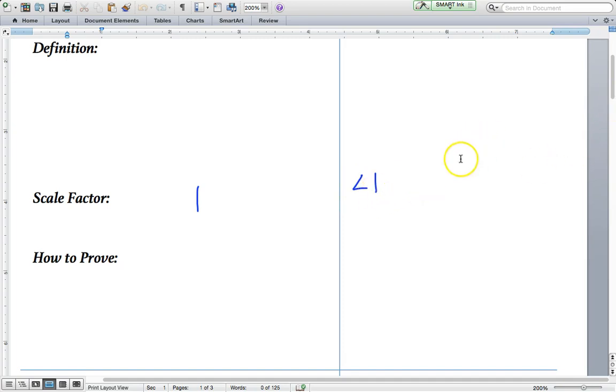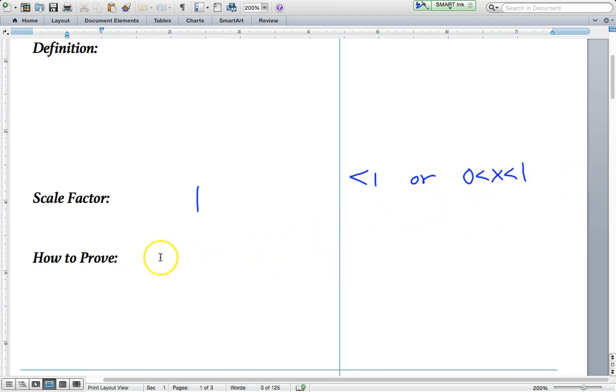Let me make sure that's a less than sign. So it's either going to be less than 1 or between 0 and 1. So to say between 0 and 1, x has to be greater than 0 and less than 1. So something between 0 and 1, a fraction, 1/2, whatever.